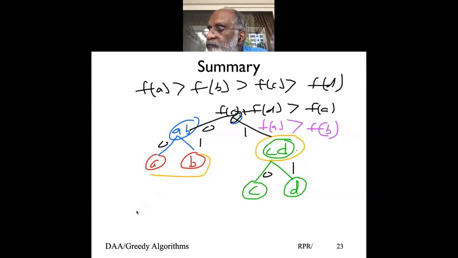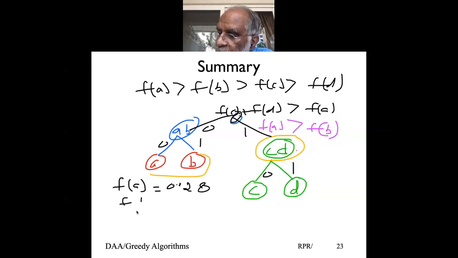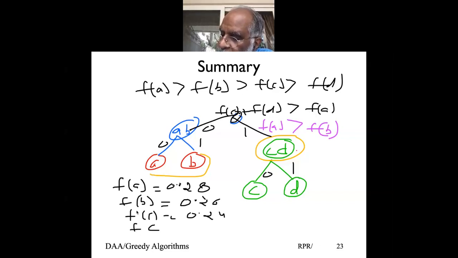So if FC plus FD is greater than FA, that means CD would have the highest combined weight. For example, let's look at the weights. Let's say FA is 0.28, FB is 0.26, FC is 0.24, and FD is 0.22.